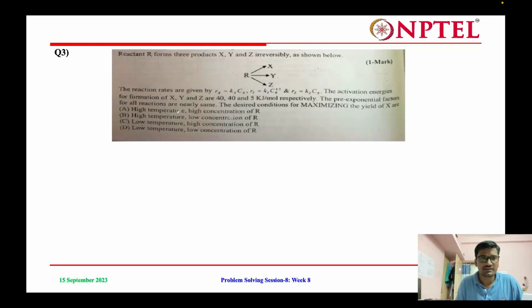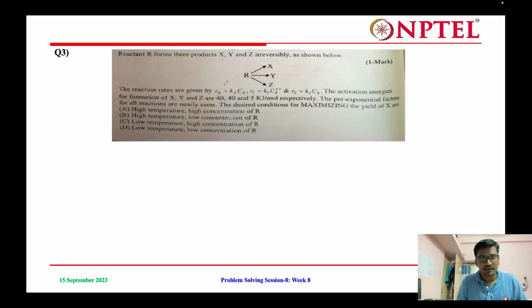The activation energies for the formation of X, Y, Z are 40, 30 and 5 kilojoule per mole respectively. The pre-exponential factors for all reactions are nearly the same. What is the desired condition to maximize the yield of X? The options: high temperature, high concentration of R; high temperature, low concentration of R; low temperature, high concentration of R; and low temperature, low concentration of R.